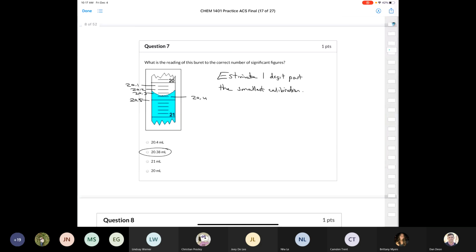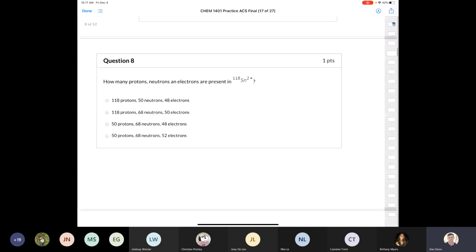All right, here we go. Number 8. So how many protons, neutrons, and electrons are present in tin 2 plus 118? I'll give you a second.